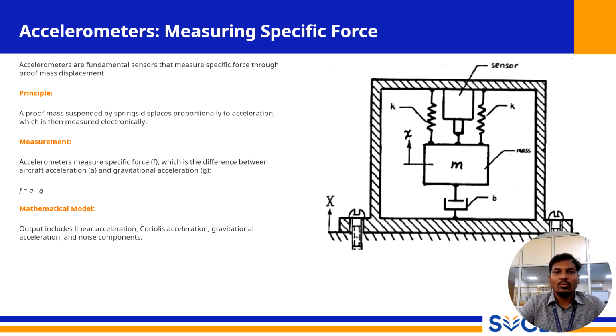This tiny displacement is then measured electronically, often by detecting a change in capacitance between the moving mass and a fixed plate. This electronic signal is then converted into a measurement of acceleration.